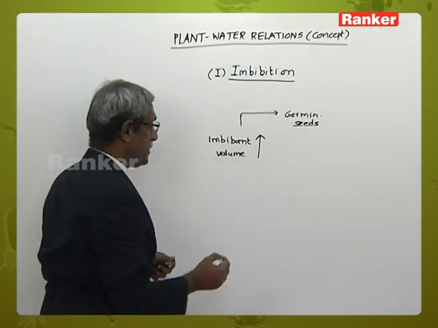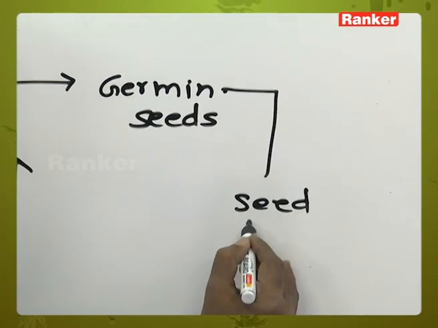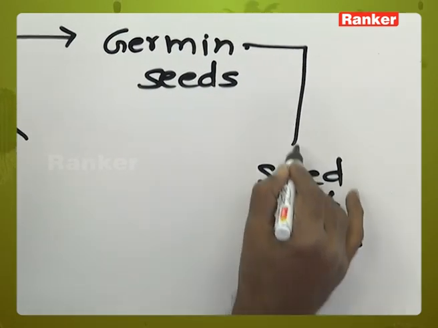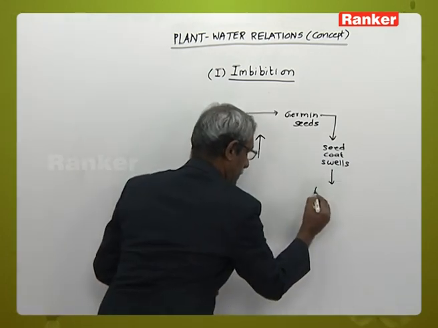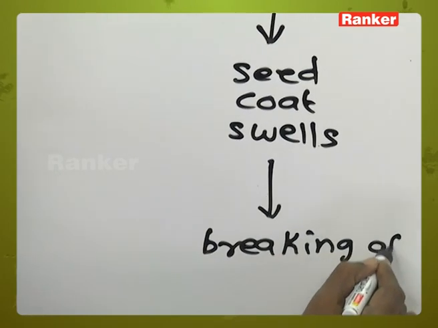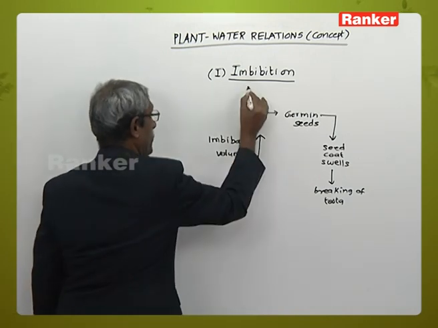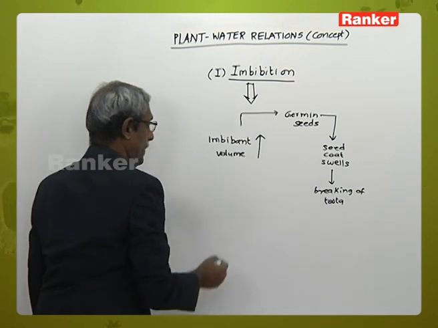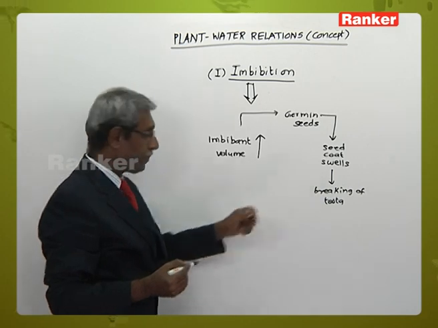During the germination of the seeds, the seed coat swells, leading to breaking of the testa. So in the process of imbibition, we have an increase of the imbibant volume leading to all these changes.